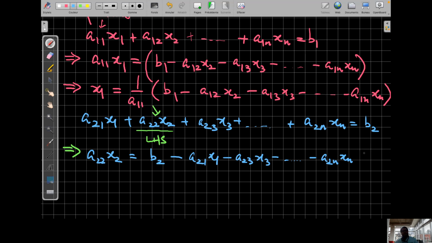Therefore, if I have to find x2 from here, x2 is 1 upon A22 times the rest.